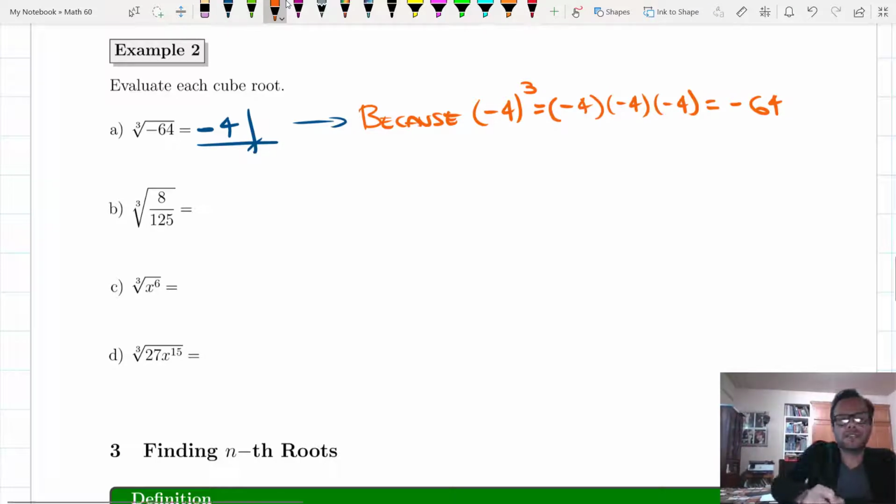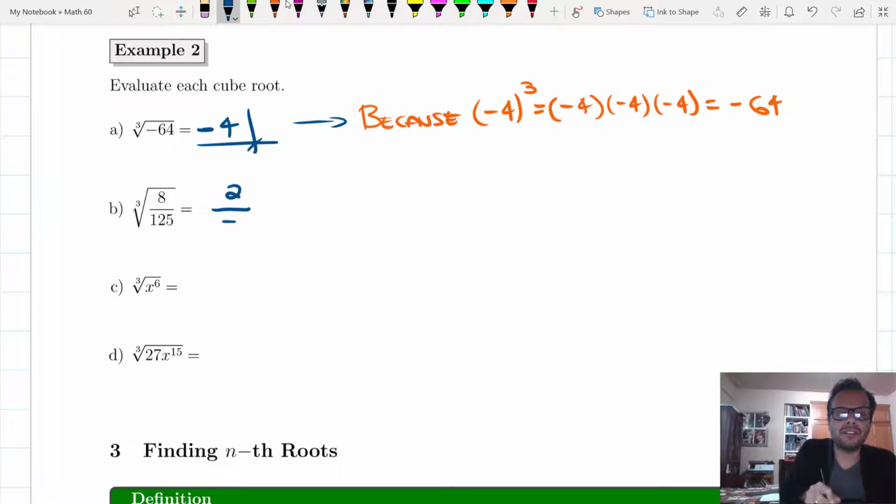All right, let's look at the next example. For the next example, we take the cube root of the number 8 and the cube root of the number 125. In other words, for the numerator, what number to the third power equals 8? In this case, as we listed above, it's 2. And what number to the third power will be equal to 125?